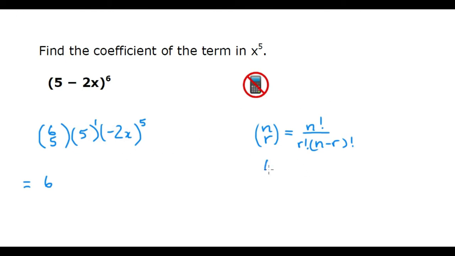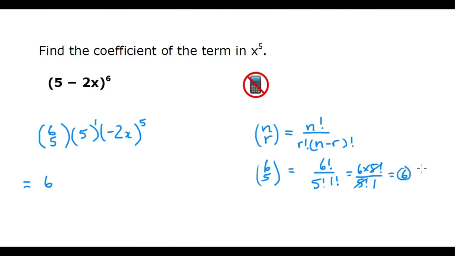So 6 choose 5 is going to be 6 factorial, and the difference is 1, so that's 1 factorial, and then I need 5 factorial on the bottom, and then you can see that that's going to be 6 times 5 all the way down to 1, and the 5 factorial on the bottom divides into the 5 factorial on the top and gives you 1, and that 1 factorial of course is just the number 1. So the answer is 6.